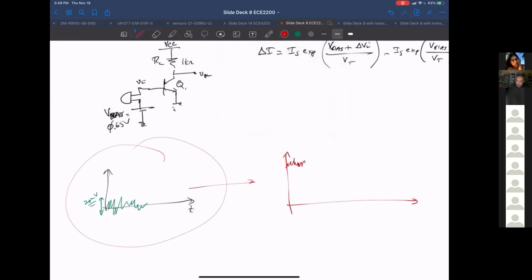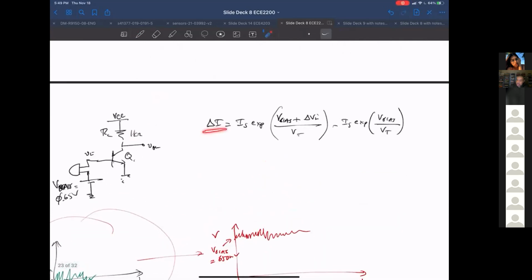I put this input, this is not to scale, up here at a bias voltage of 650 millivolts. Okay, so the same signal level coming out of the microphone, but I just bumped it up to be sitting at a bias level of 650 millivolts. So in my change in current, I have to include that bias voltage. And when there is a high value of a signal, it's added to this delta V in.